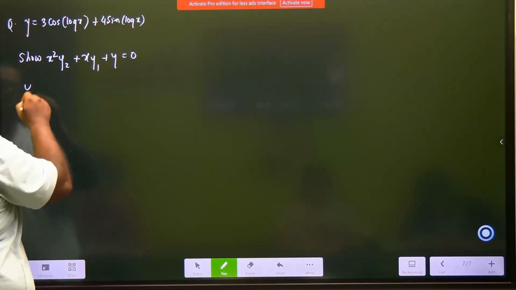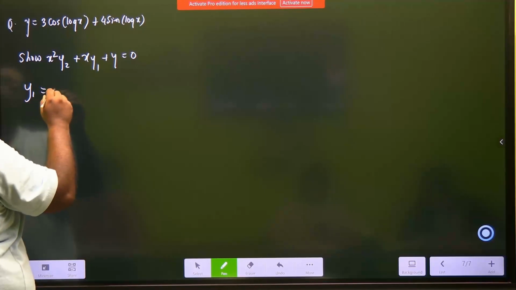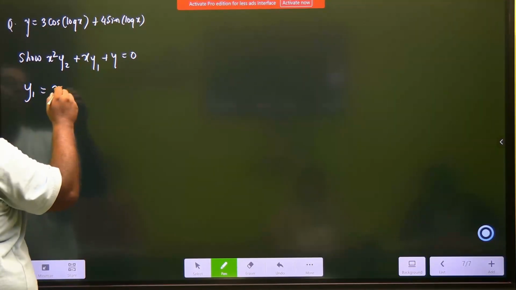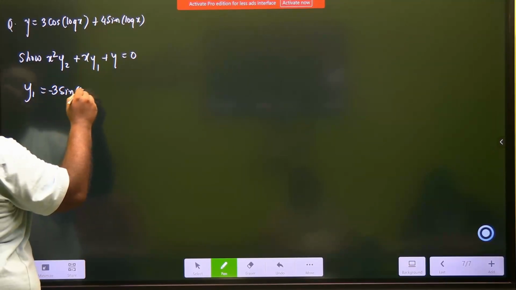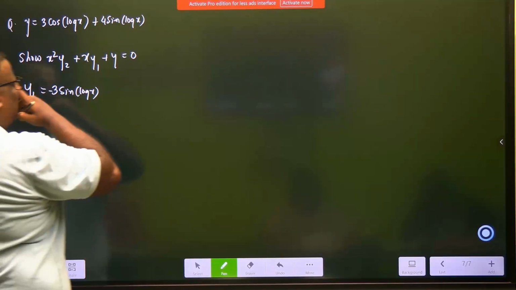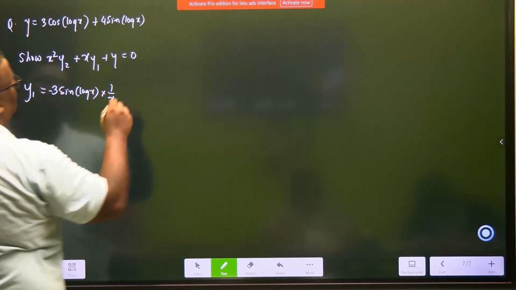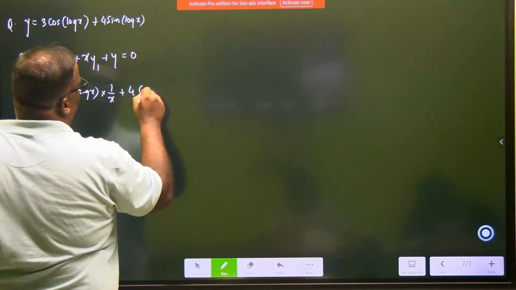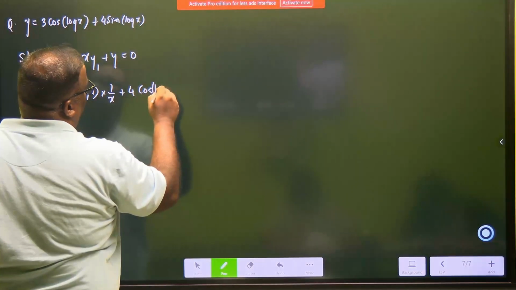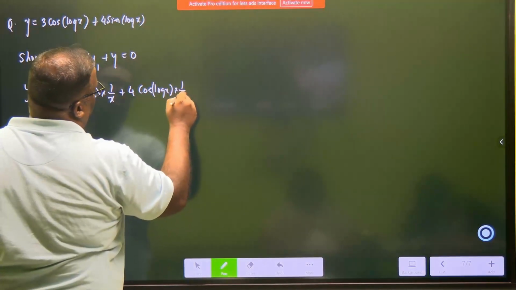Come, let's find out y1. Y1 is equal to -3 sin log x into 1 by x, and here we will have 4 cos log x into 1 by x.